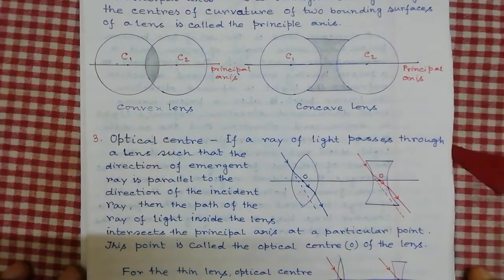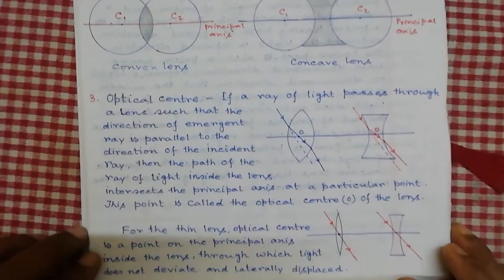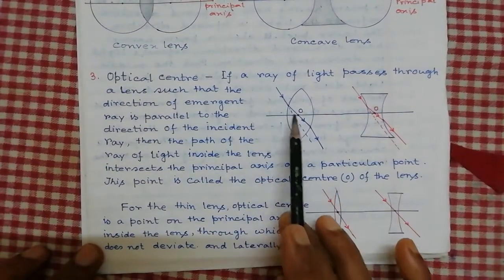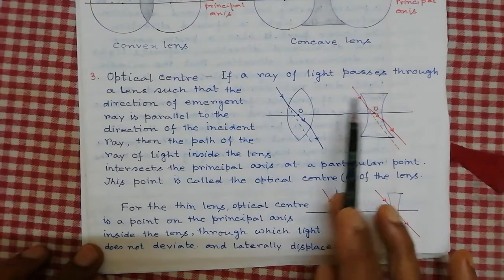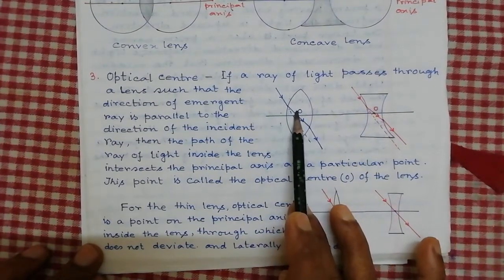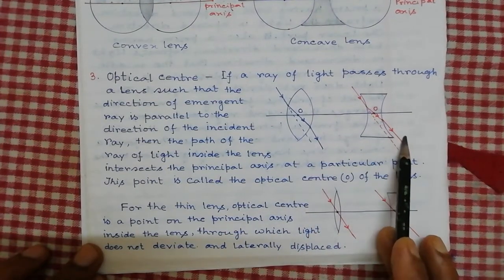Now, the term optical center. What do we mean by optical center? When light passes through the lens, it refracts two times: when it enters the lens and when it emerges from the lens.